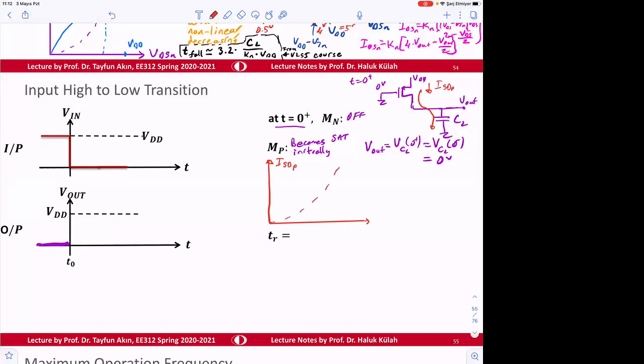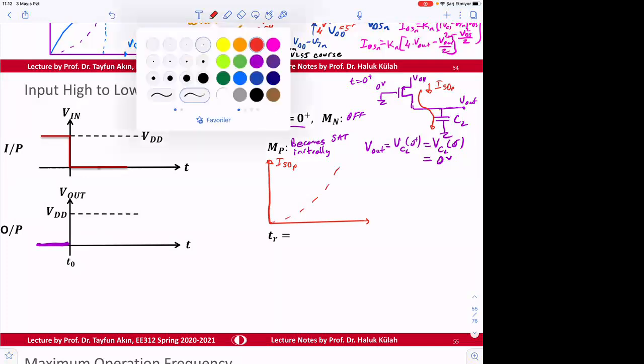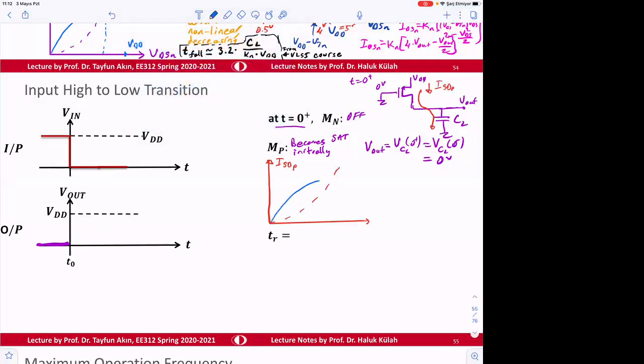That will be equal to a voltage like this. So this will be, let's say, initially 5 volt. What is this?